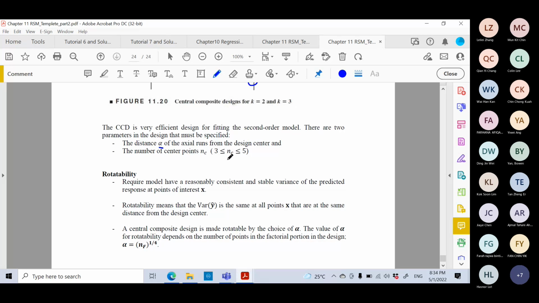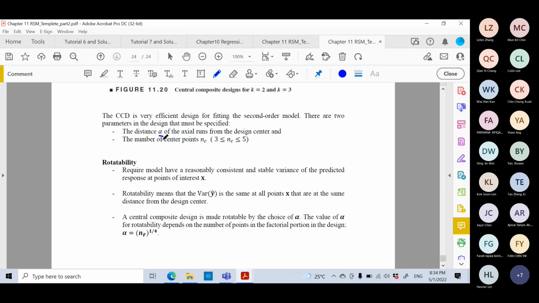Okay. So the alpha here, we can select based on the following criteria, where the required model should have a reasonably consistent and stable variance of the predicted response at the point of interest x. So we want to have a stable variance. The central composite design, or CCD, is made rotatable by the choice of the alpha. So what is the alpha here? The alpha is equal to NF to the power of 1 over 4.